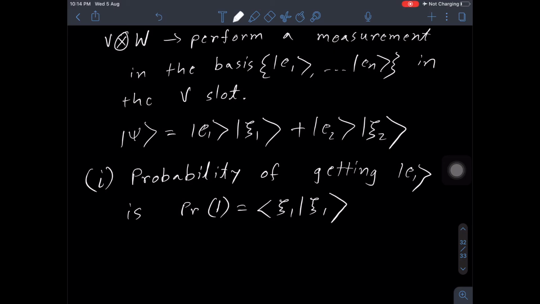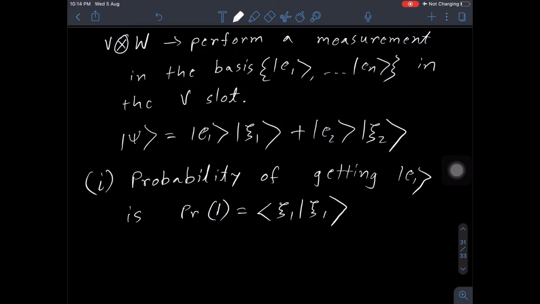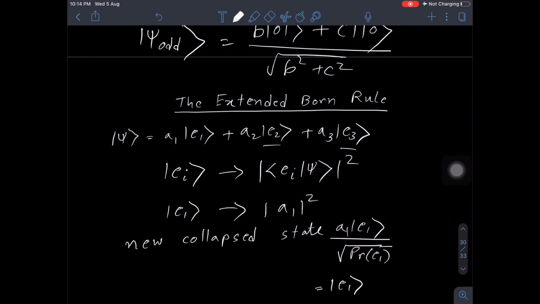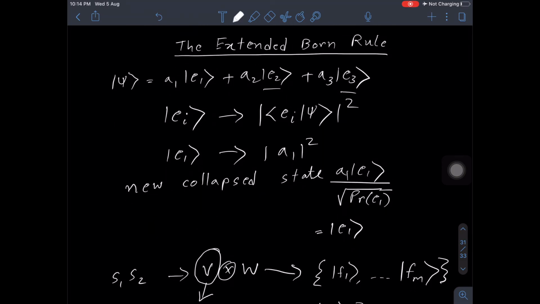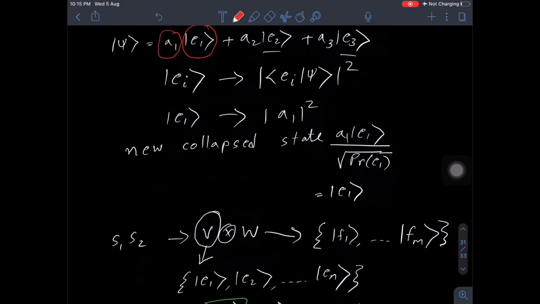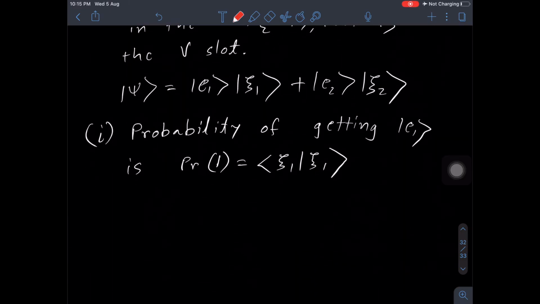All right, so you can see it's similar because previously, if you look at this, the probability of getting E1 here was just the mod square of whatever you have here, right? In the same sense, the probability of getting E1 here is the mod square of whatever you have here, which is a state now rather than a complex number.